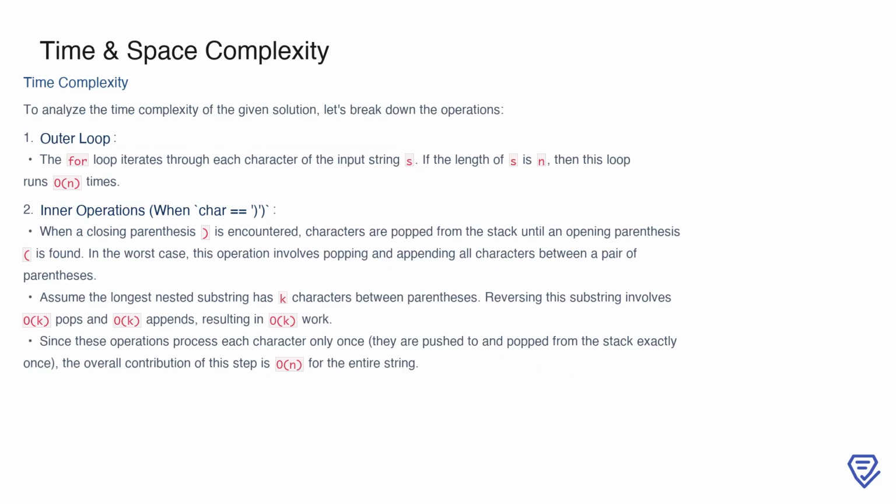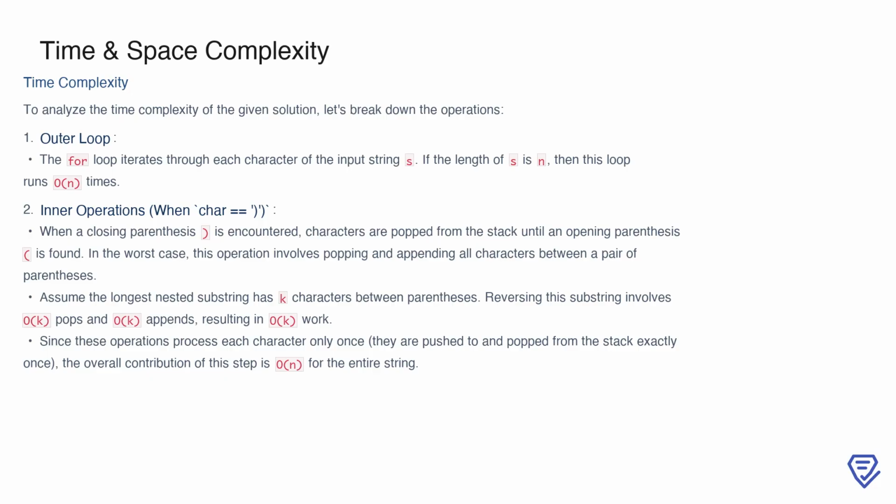To analyze the time complexity, we start by considering the main operations in the algorithm. First, the outer loop iterates through each character of the input string. If the string has a length of n, this loop runs in n time since each character is processed exactly once. Now, when a closing parenthesis is encountered during the loop, the algorithm reverses the substring between the parentheses.